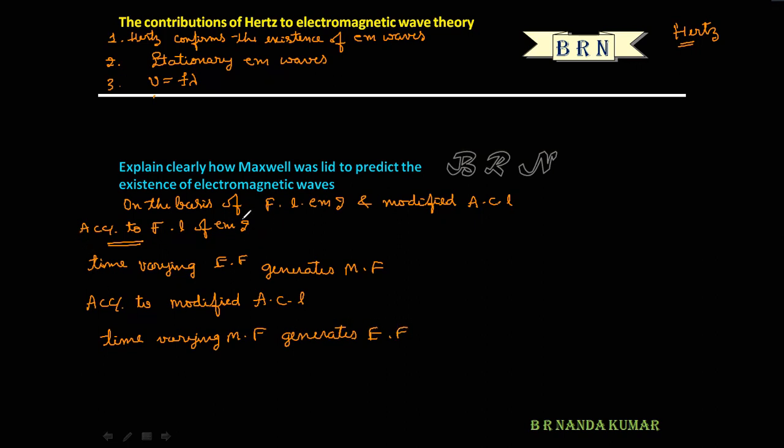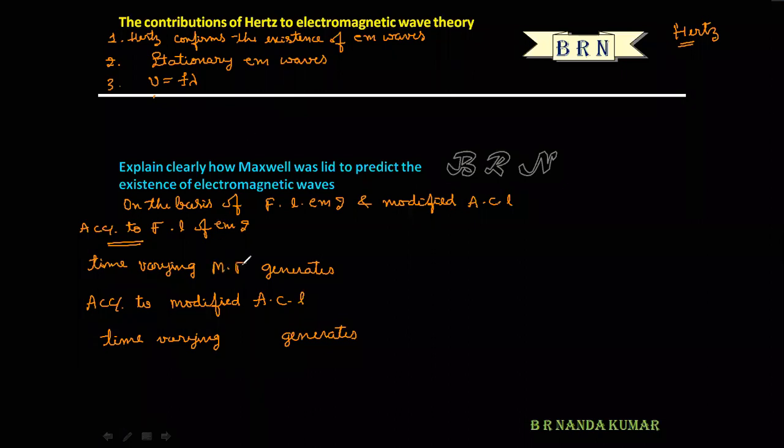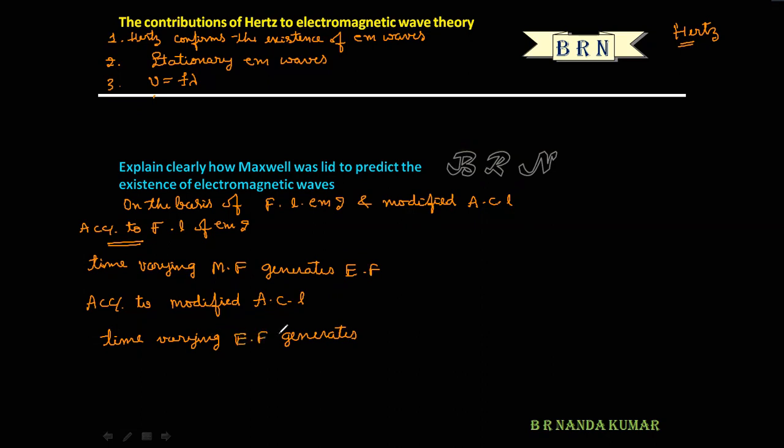According to Faraday's law of electromagnetic induction, the time varying magnetic field generates the electric field. According to modified Ampere's circuital law, the time varying electric field generates the magnetic field.